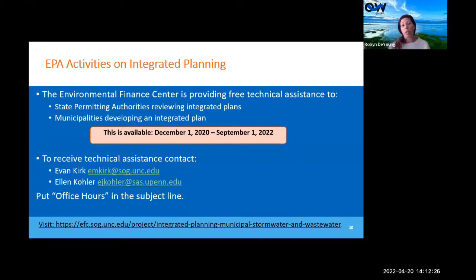Tell them that you're interested in talking more about how you can get started with integrated planning, or if you're thinking about funding, if you're thinking about how to reprioritize and sequence some of your investments, they would be a great resource for you.